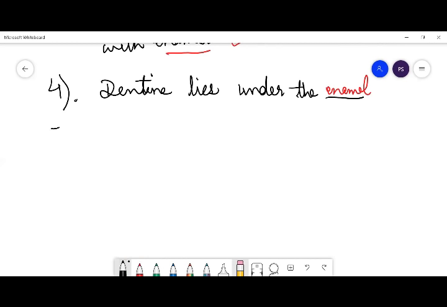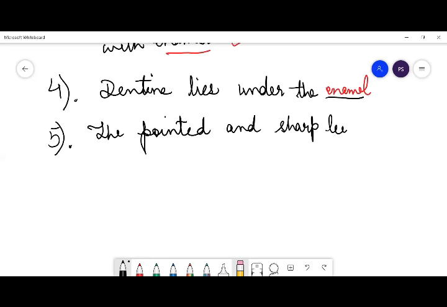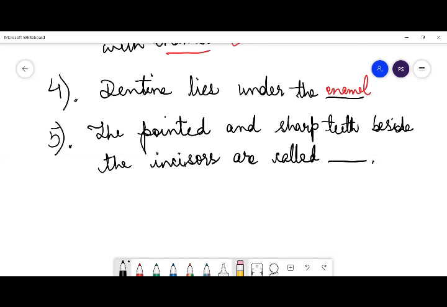Now the next question is, the pointed and sharp teeth beside the incisors are called what?